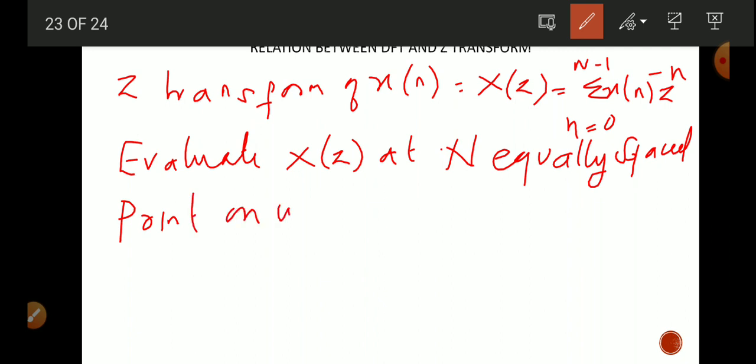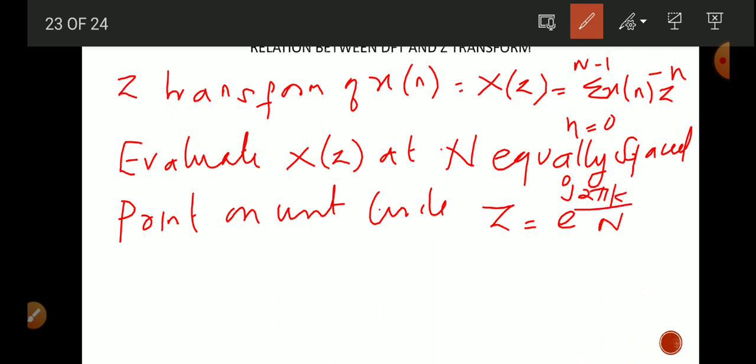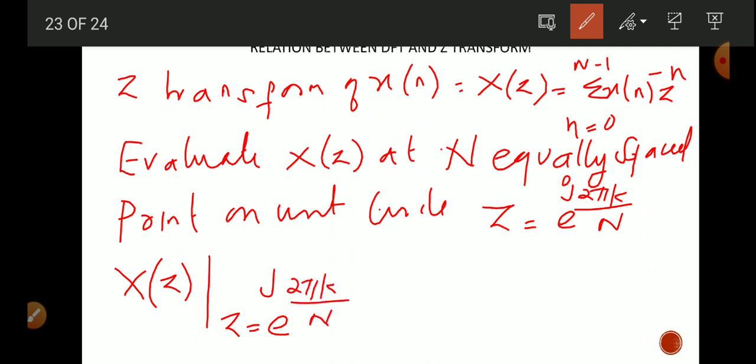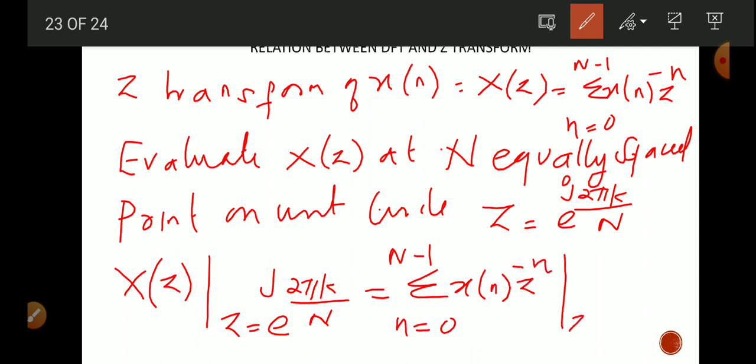On the unit circle, z equals e raised to j 2 pi k by N. That means evaluating X(z) at z equal to e raised to j 2 pi k by N, which is summation n=0 to N minus 1 x(n) z raised to minus n at z equal to e raised to j 2 pi k by N.